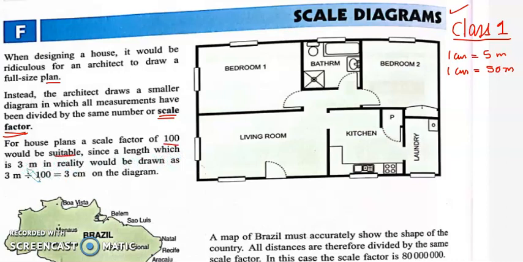Since the length, which is 3 meters in reality, would be drawn as 3 meters divided by 100, which gives you 3 centimeters. 3 meters is 3 into 100 centimeters, and if you divide it by 100, you get 3 centimeters. So on a map, if the actual length on the ground is 3 meters, it would be represented by a 3 centimeter line.